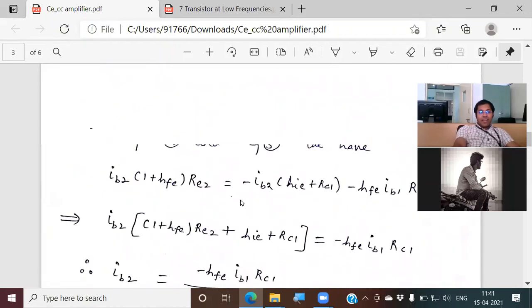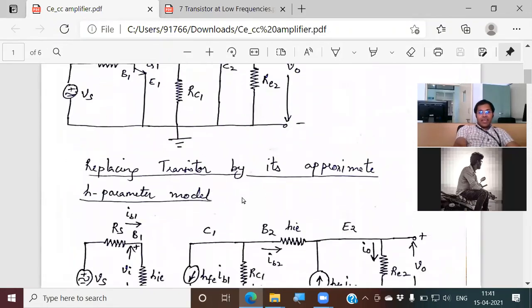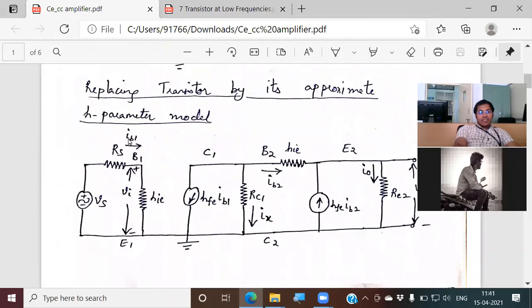We know very well. AI, not considering the source, is this output current divided by this input current, so I naught by IB1.